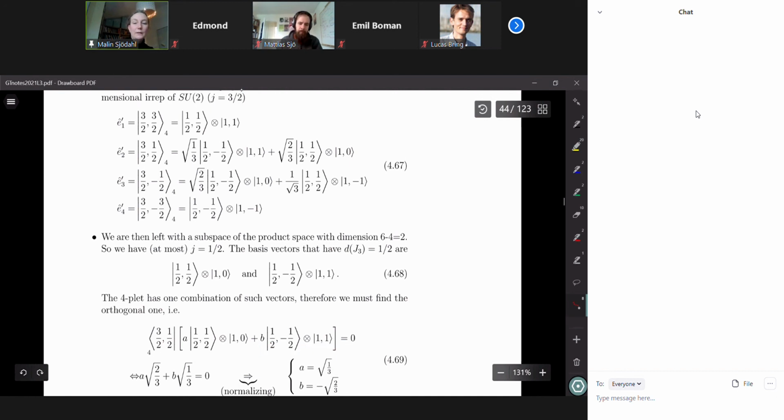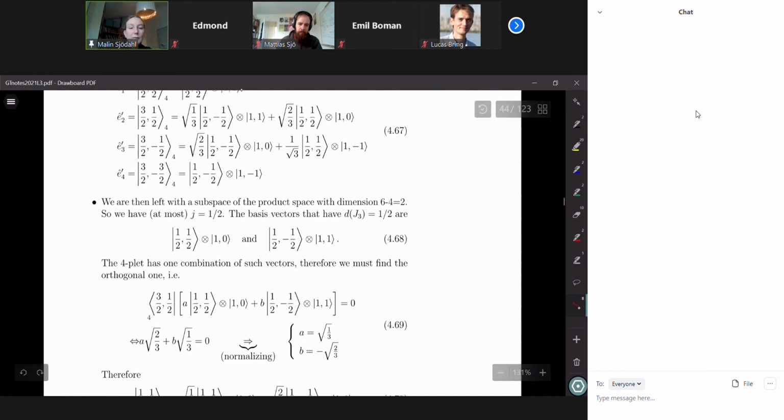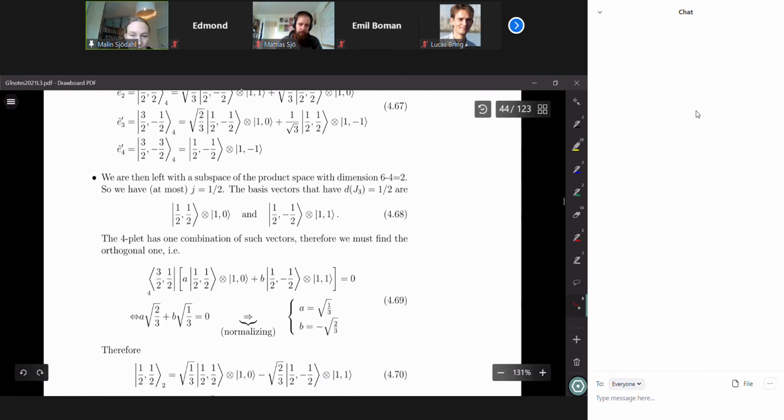And we want that scalar product to be 0. So multiplying this out, we then find that this is satisfied if this equation here is satisfied.